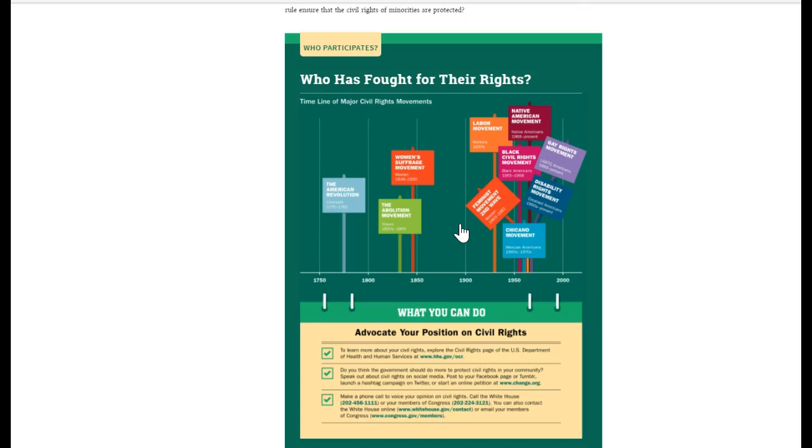That was the goal with Planned Parenthood and with the pro-life movement. That should be here too. I don't see it. I don't see it in this little chart. I don't see Tea Party movement either.